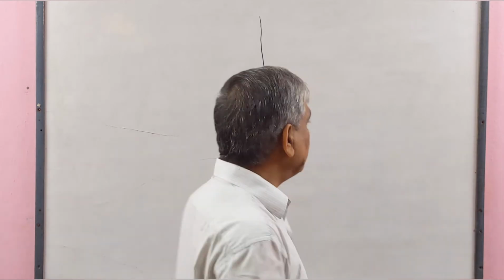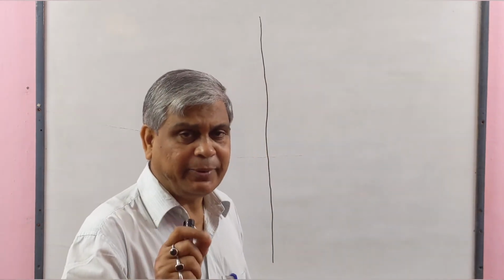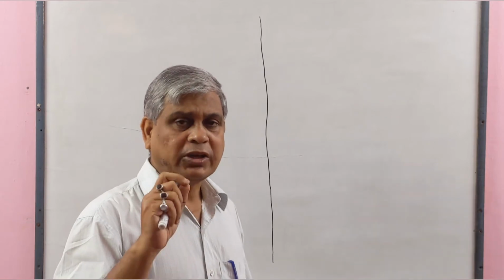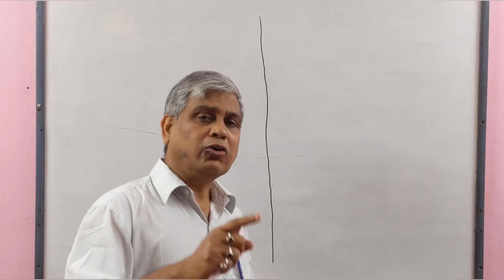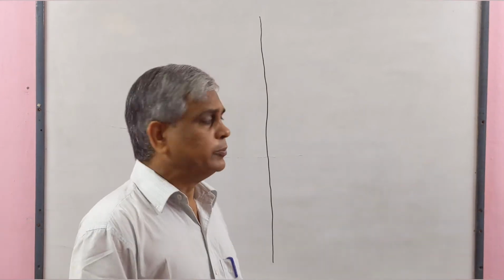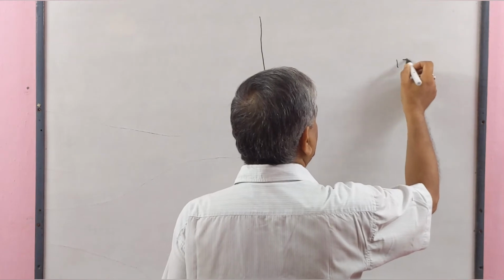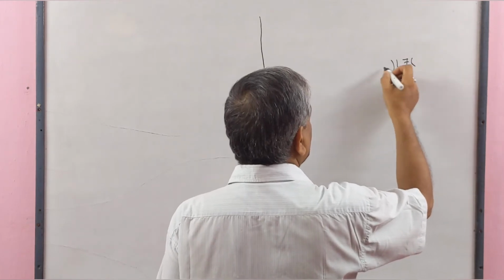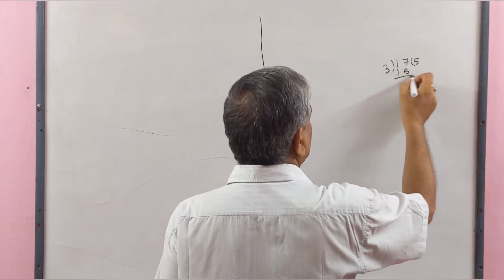As we know that if any number is divided by 3, we get remainders either 0 or 1 or 2. For example, if 17 is divided by 3, we get remainder 2.